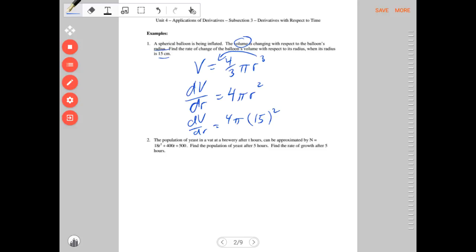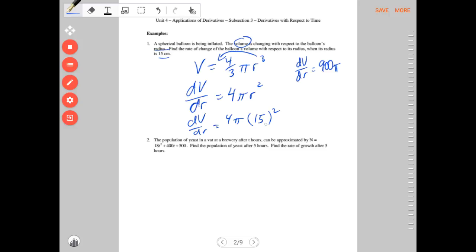What we're going to do in a lot of these pi type problems is answer in terms of pi, so we don't typically type the pi into our calculator. So in this one, we're going to type in 4 times 15 squared. Well, that works out to 900. So dV dr equals 900 pi.